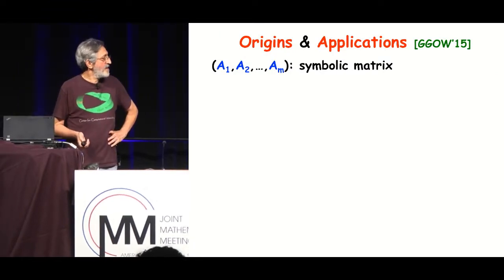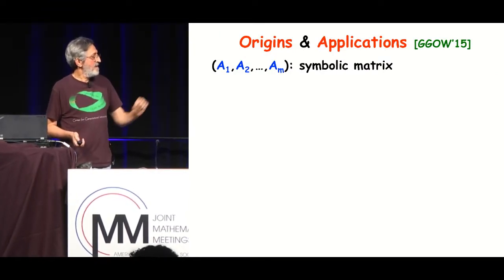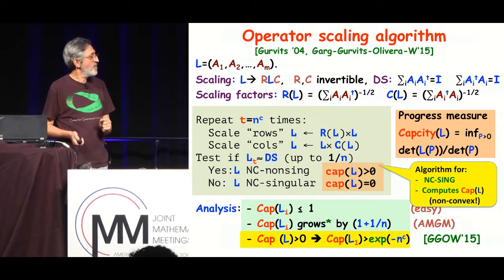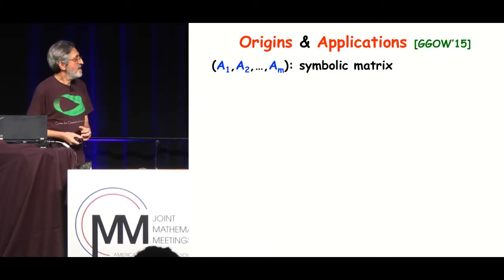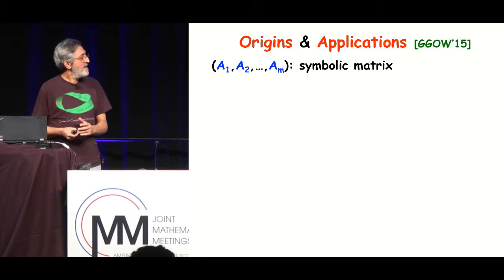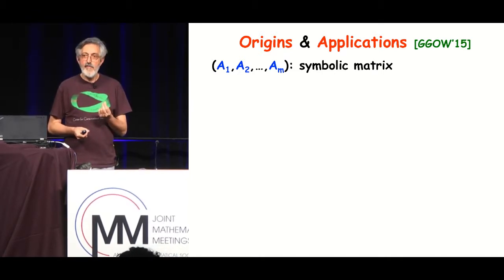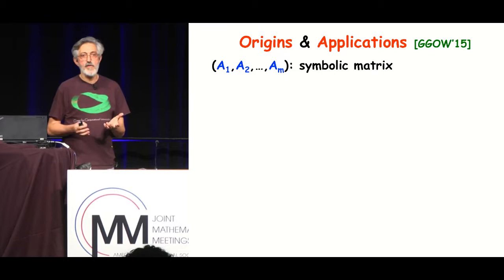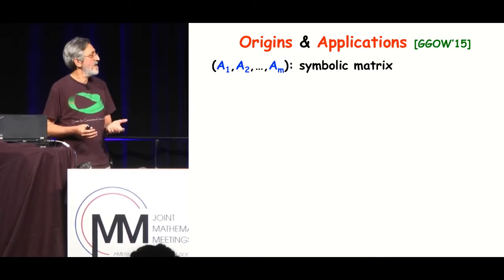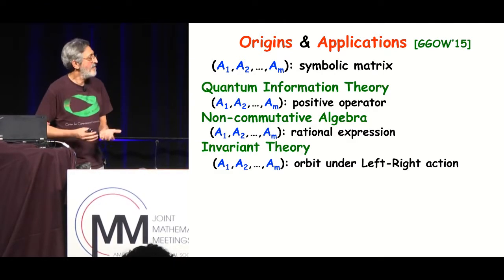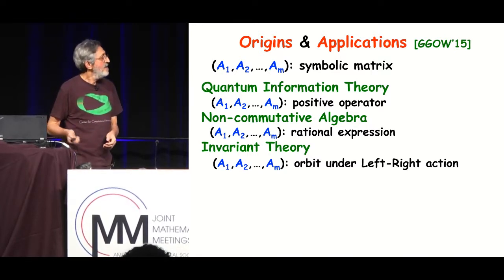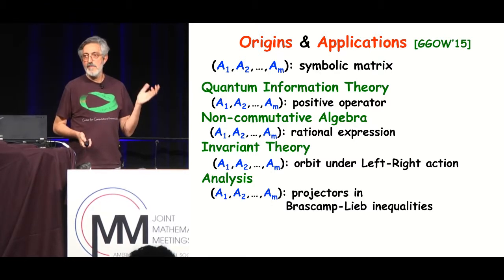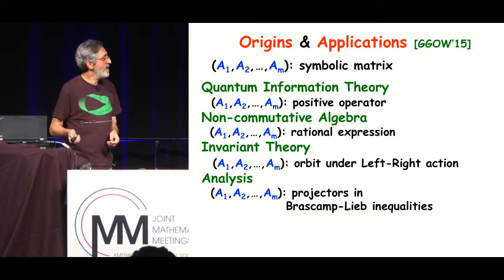So I want to talk a little bit about where this is coming from, but first I want to say something about just the sources without giving you any information. And the sources, we saw already one, is the fact that a tuple of matrices has meaning in lots of contexts. And in lots of contexts, it has meanings that are different from each other. And we can borrow intuition from these different fields and use it in the analysis. So we saw already that it can be viewed as a positive operator.